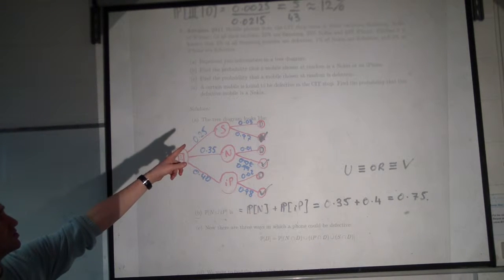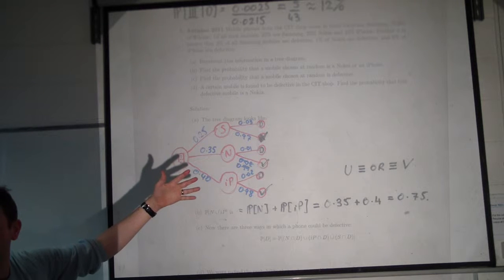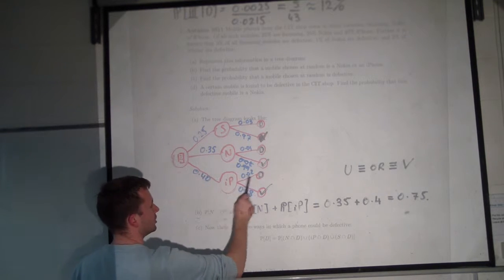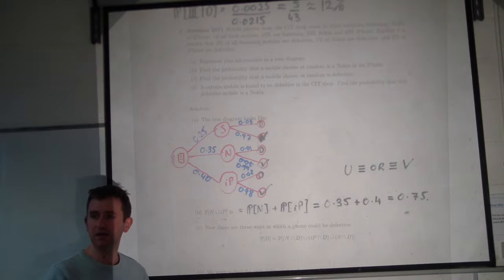It should say, so there's probably a bit of subtlety in the question. It should say that the mobile phone chosen at random was bought in the shop. So there's 3 different ways this can happen. You can either go here, here, or here. So here we'll do the add.